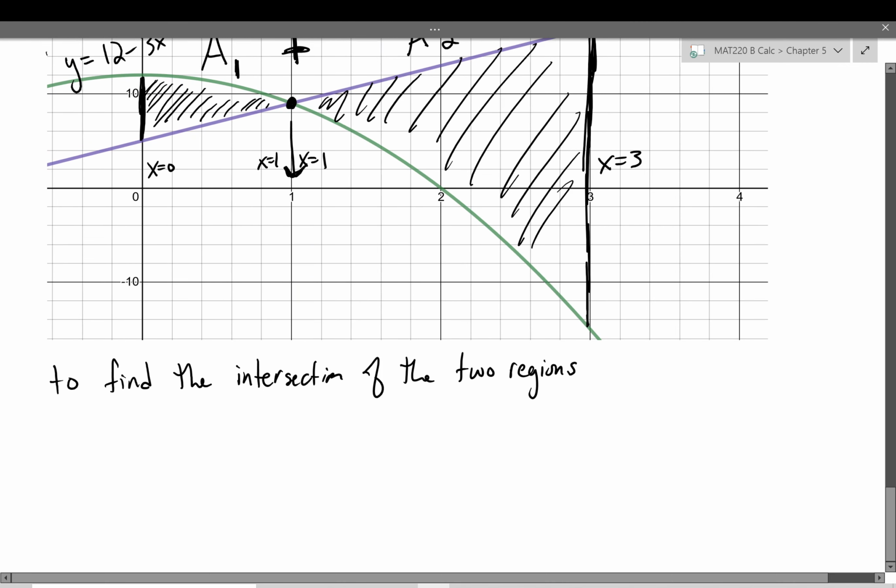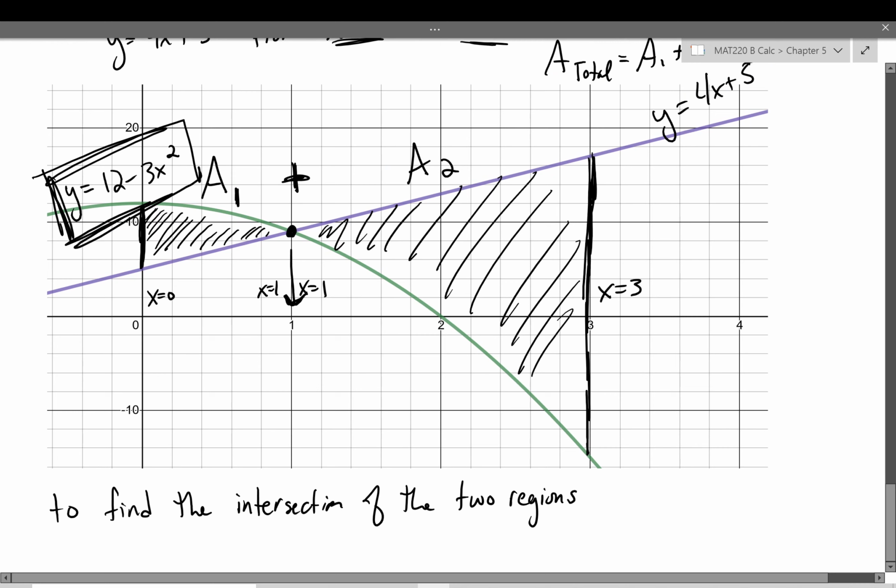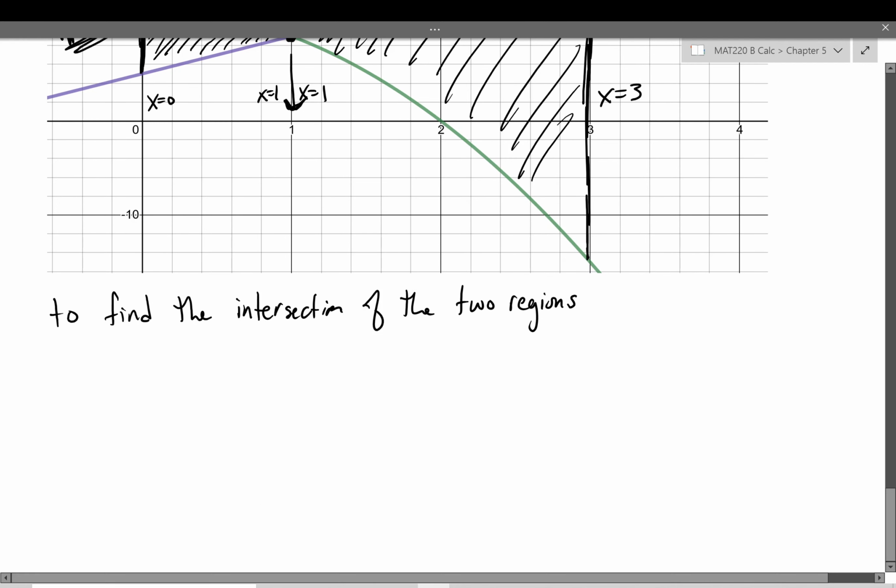We know that at that point right there, y equals 12 minus 3x squared has to equal y equals 4x plus 5 because they cross right there. So set each equation equal to each other.